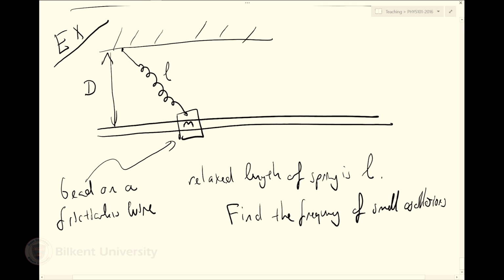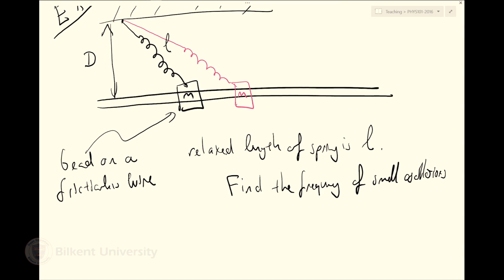So what am I actually wondering? If I move that object a little bit, I know that it's going to oscillate back and forth, right? That's what my physical intuition tells me. So what I would like to find out is what is the frequency of these oscillations where the amplitude is very small.